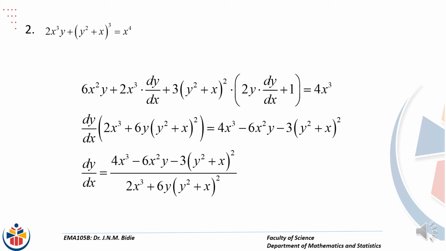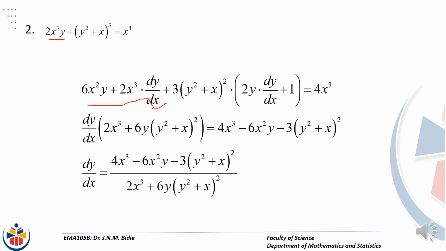So we know that we're going to use the product rule for the first term because there is a combination of x and y. So we have the 6x squared y. We take down y as it is, plus 2x cubed as it is, times the derivative of y with respect to x, which is just dy over dx, plus second term, composite function.